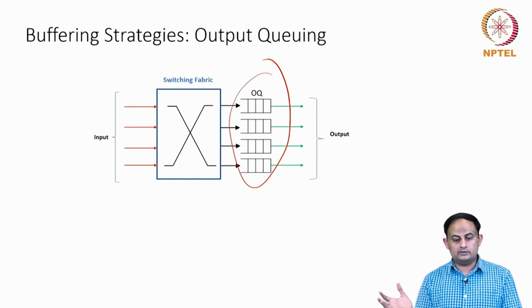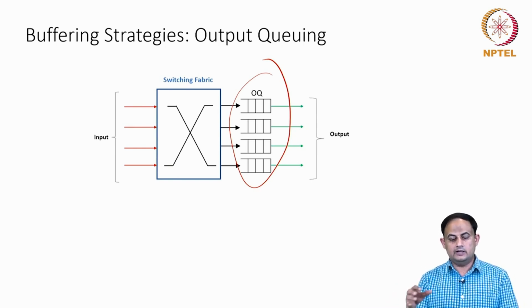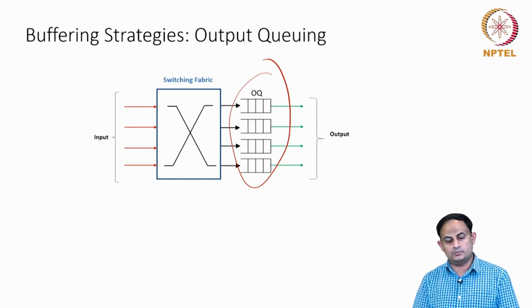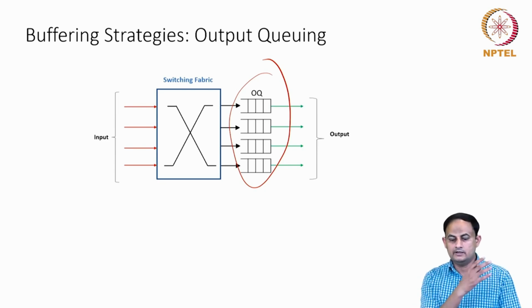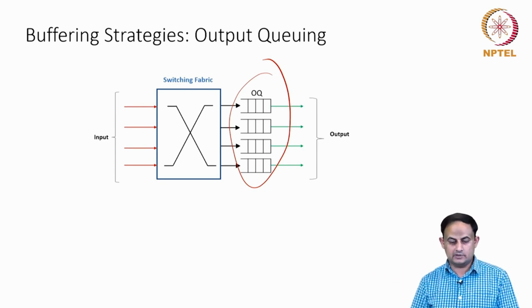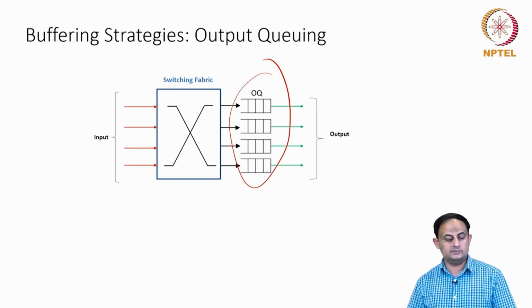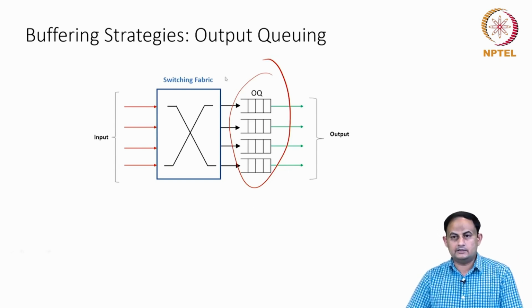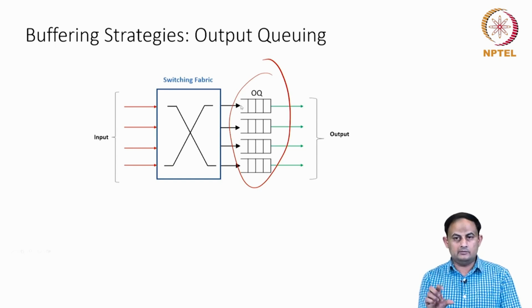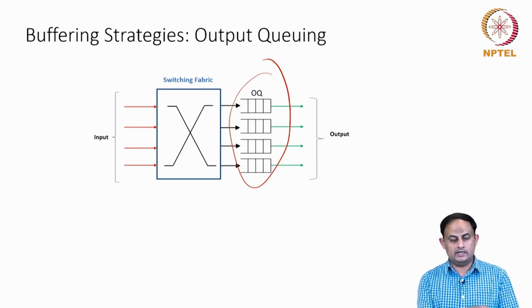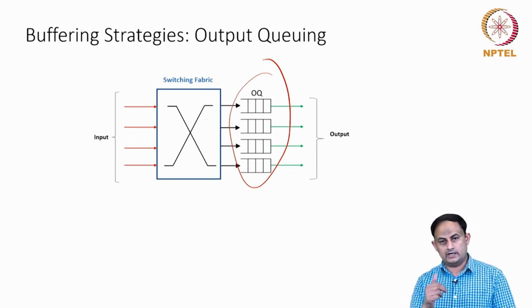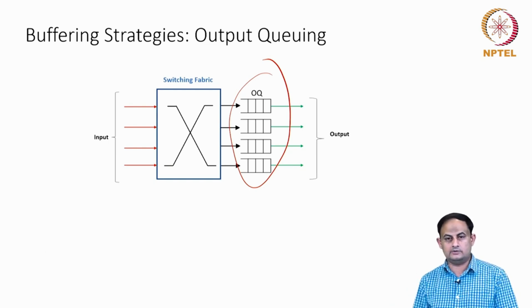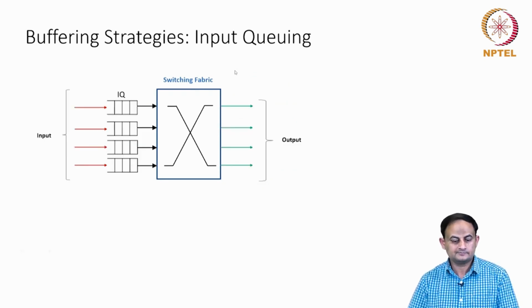So, n independent memories, n independent queues, each queue corresponding to one of the output ports, then you schedule the packets for transmission from that output queue. And here there is no buffering happening at the input. So, you will be able to transmit that packet only when you are able to establish a connection from the input port to the output port right away. Otherwise, the packet will be lost.